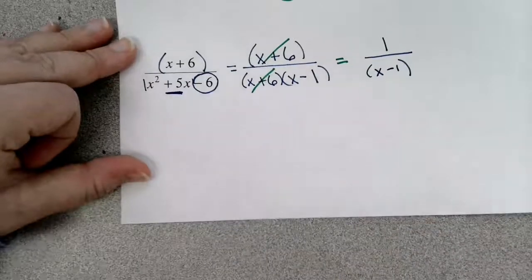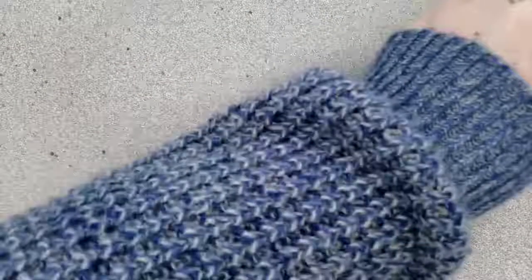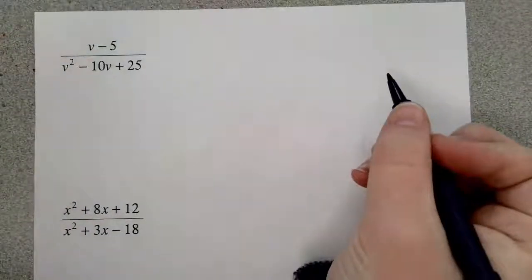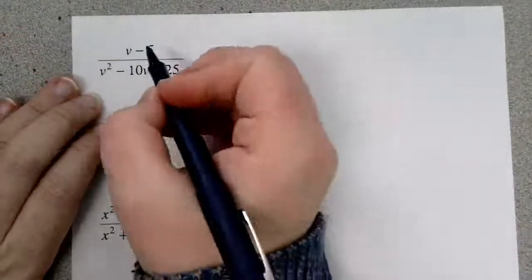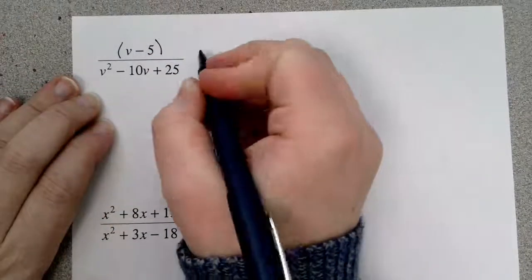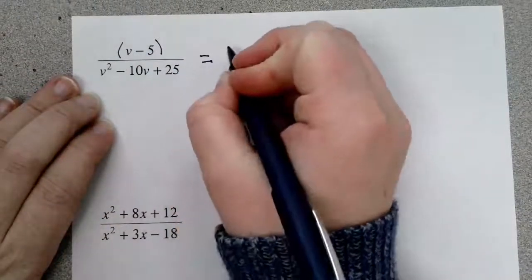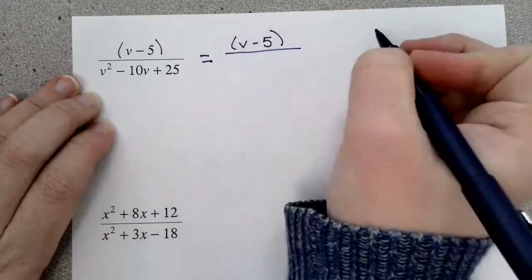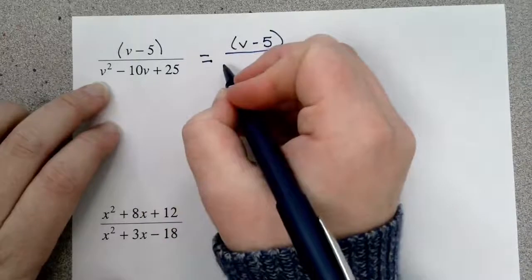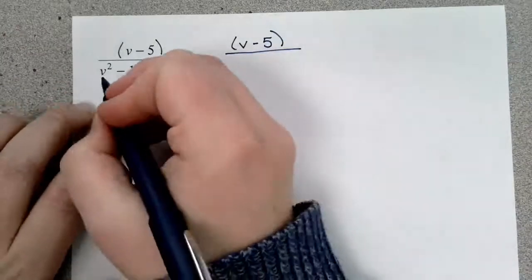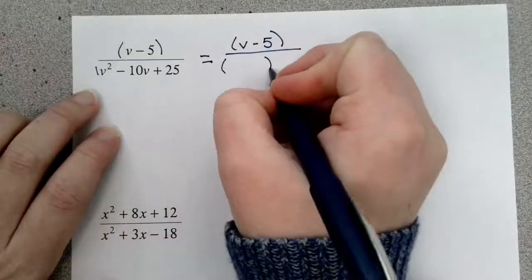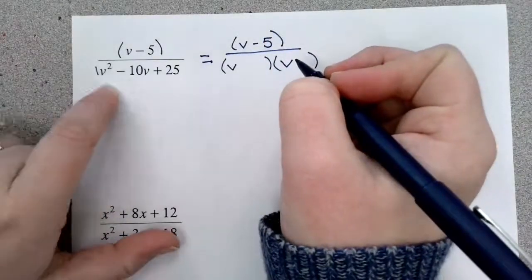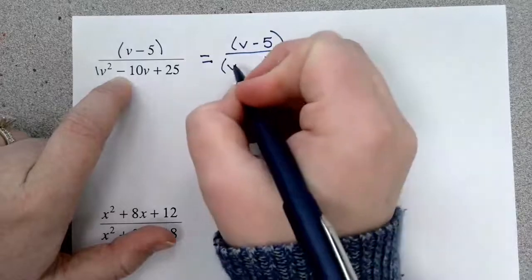We're going to do a few more together so you get the hang of it, but if you want to pause at any point and try them by yourself, you're more than welcome. I'm going to put the v minus 5 in parentheses. Since it's already simplified, I can't take anything out. Look at the denominator. Quadratic trinomial, a is 1, which means what two numbers multiply to 25 but add to negative 10?